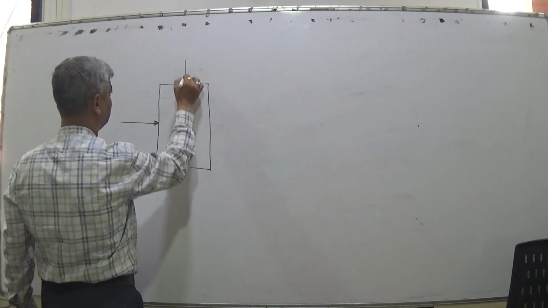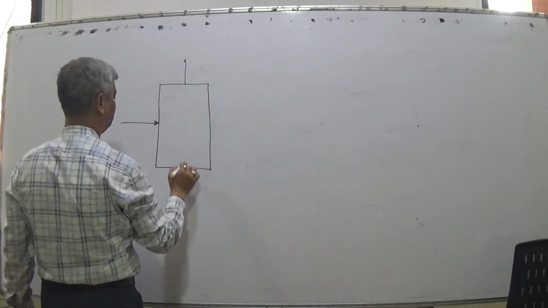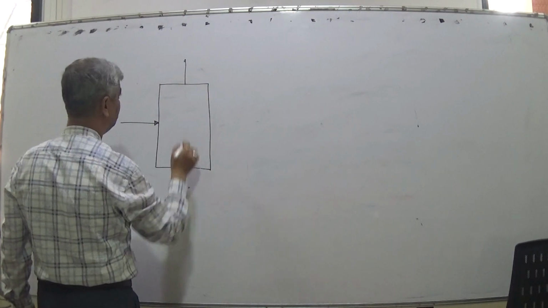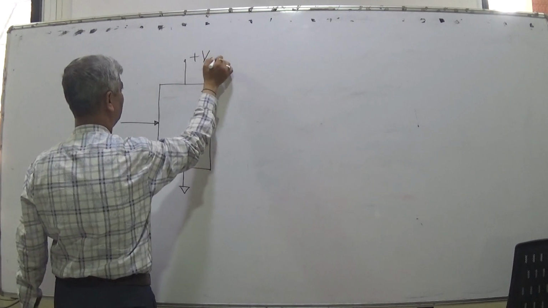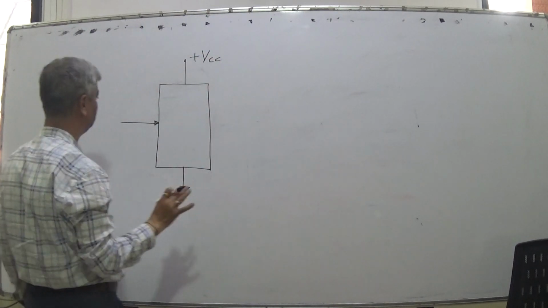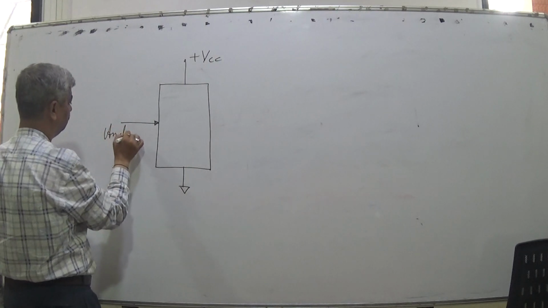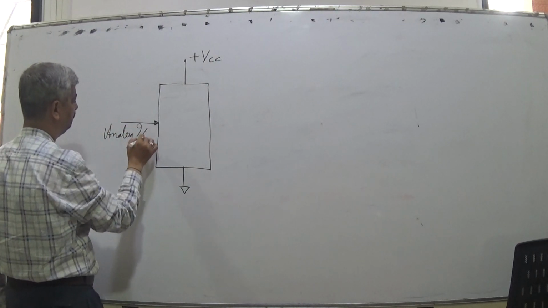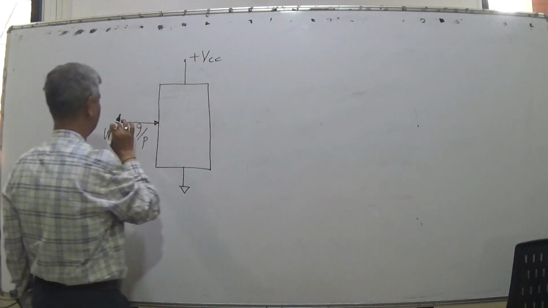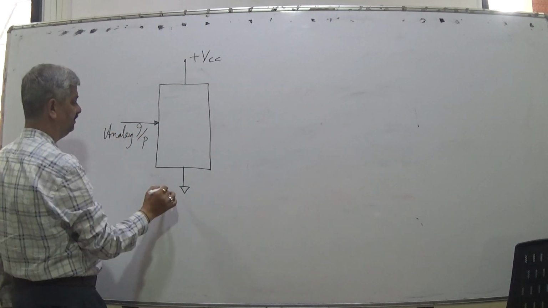Obviously a power supply is there, and a ground is there. The power supply can be 5 volts, that is not so important right now. So it has one analog input pin, and this is ground.